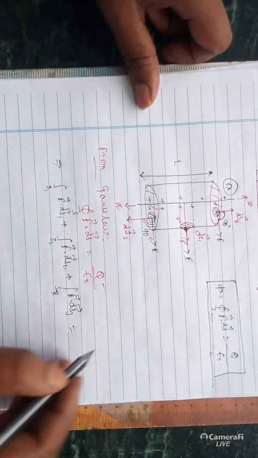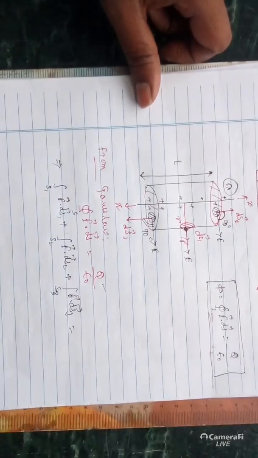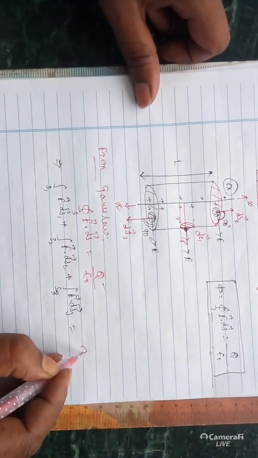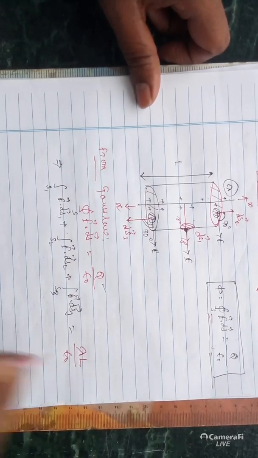The value of charge inside the surface is lambda into L, where lambda is the charge density and L is the length. So lambda L by epsilon naught.